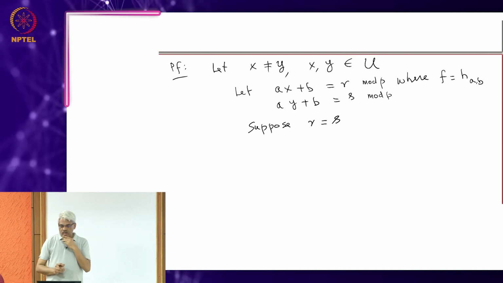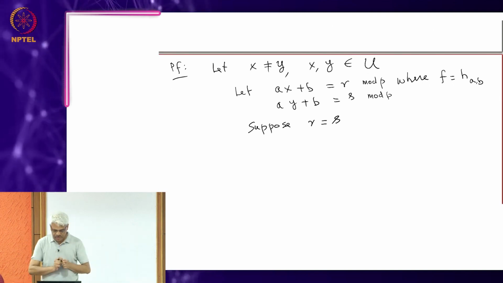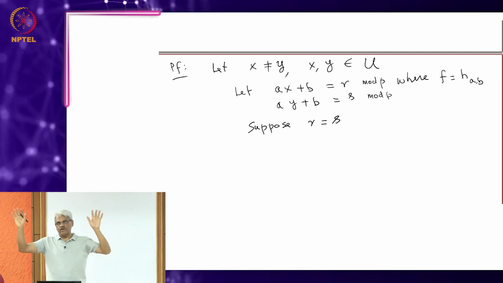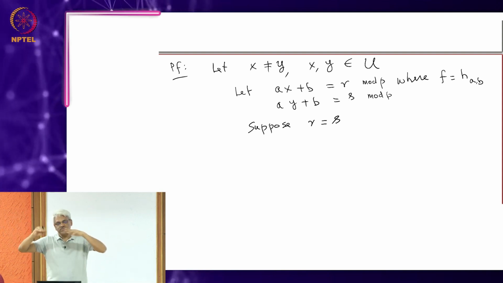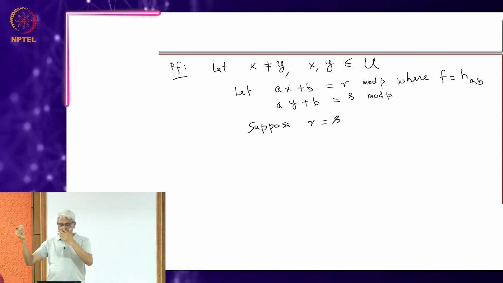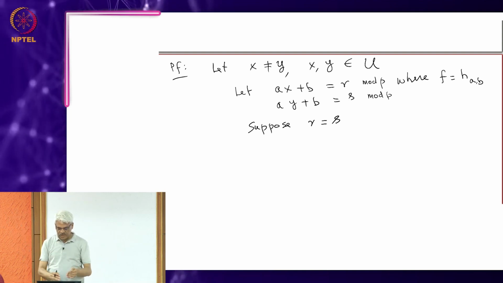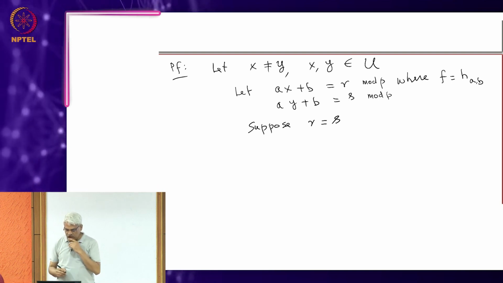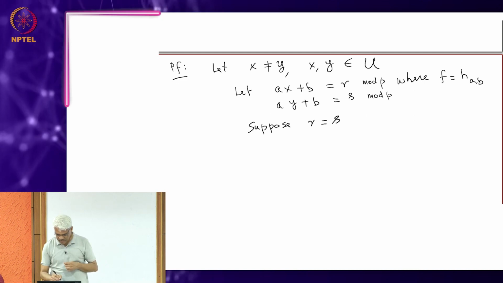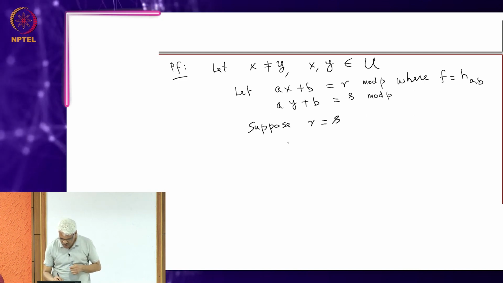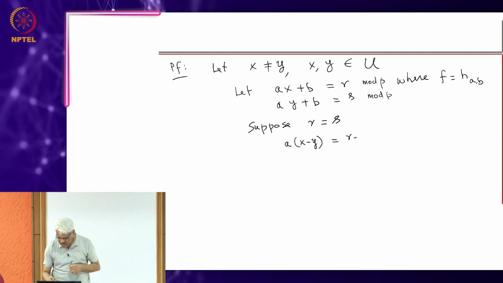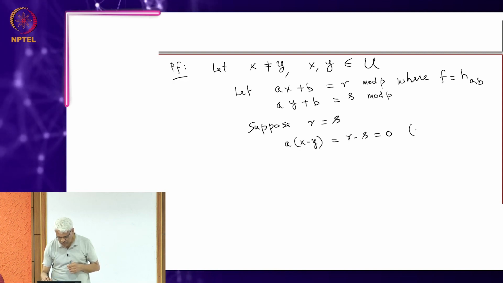Okay. So, this function mapped x and y to the same element in the mod p world. Not the mod t world, we have to check. Of course, they will be true in the mod t world also, but this function mapped x and y to the same location in the mod p world. Suppose r equal to s, what can you say? Well, you have A into x minus y equal to r minus s, which is 0 in the mod p world.